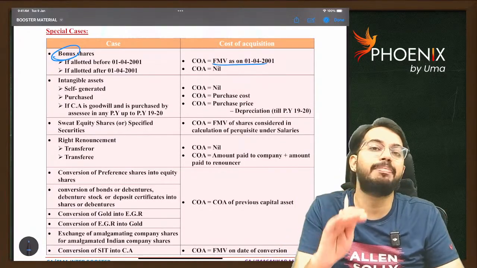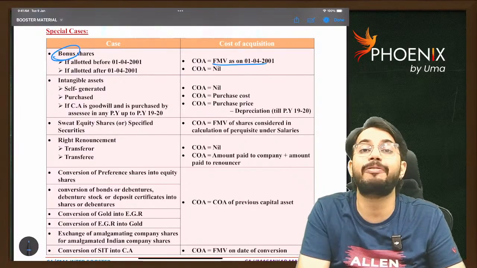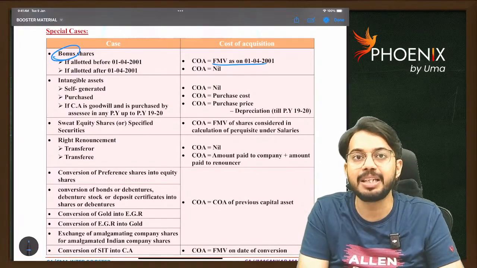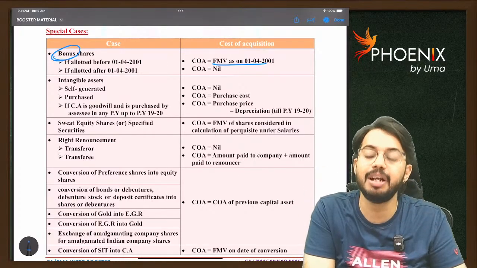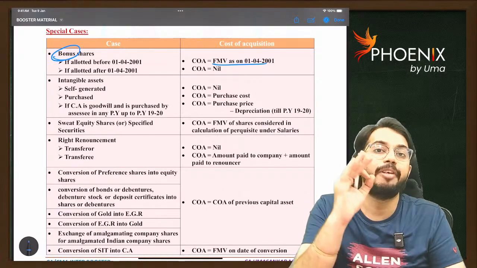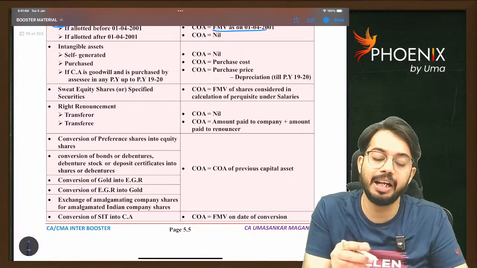Because if any capital asset is purchased before 1st April 2001, you can take the benefit of fair market value. So if bonus shares are allotted before 1st April 2001, cost of acquisition is equal to fair market value as on 1st April 2001. Is it clear?